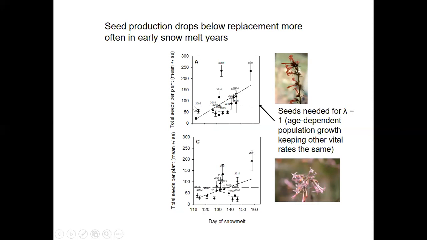The number of seeds needed to have a finite rate of increase equal to 1. And you can see that in years of early snowmelt, the population drops below replacement. And that's true as well for hybrid populations, also, not just for Ipomopsis aggregata.